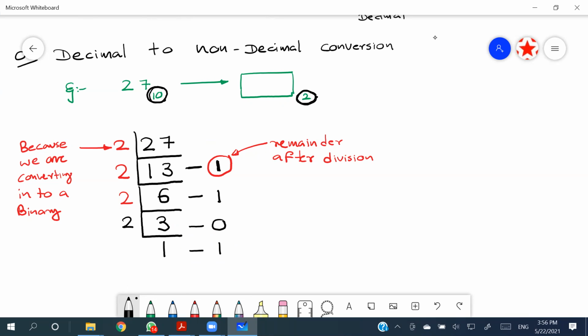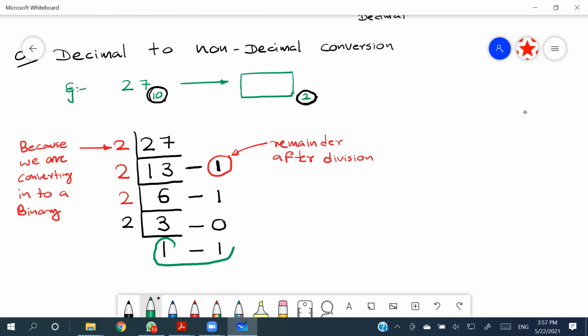Did you understand how we did it up to this point? Just confirm, people. Right, great. Now we have found a value less than 2, so we stop the dividing.